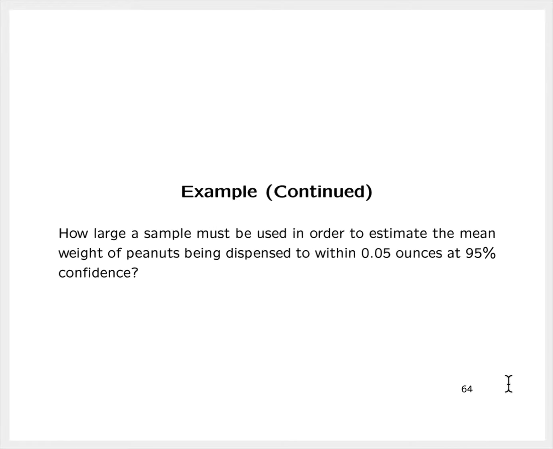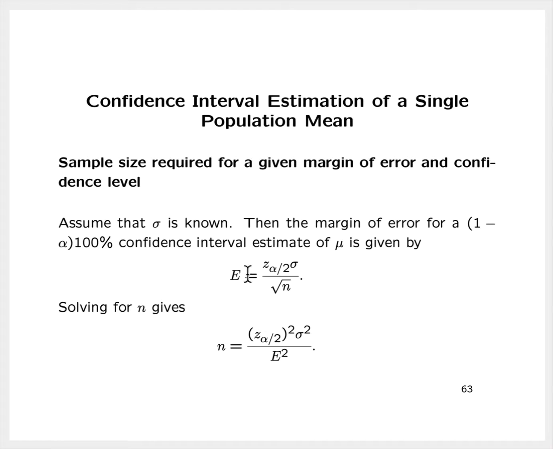In fact, if we go back and calculate the margin of error using a sample size of 62, then the margin of error is 0.049784. So that is less than or equal to 0.05. So we've met that criterion. On the other hand, if we had used 61 instead, then the margin of error would be 0.05019. So just a little bit bigger than 0.05.